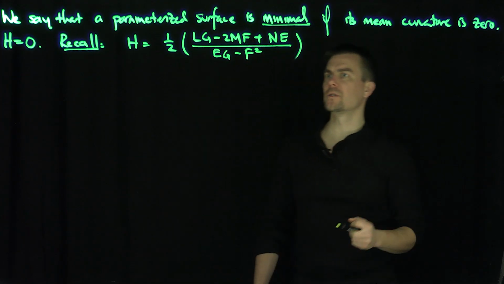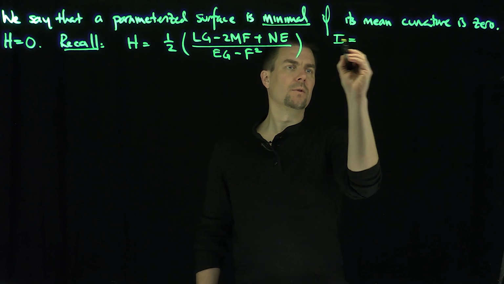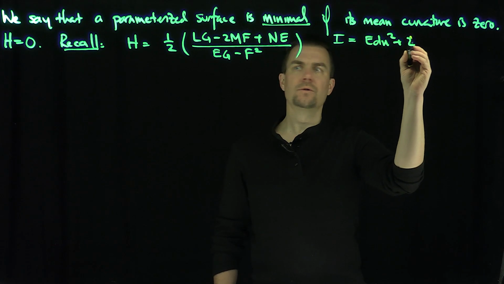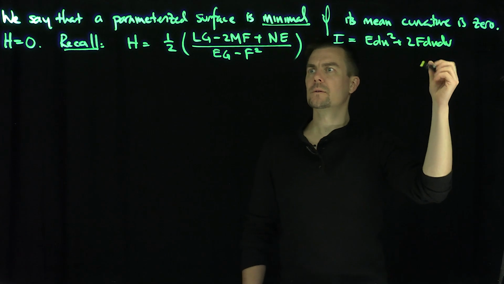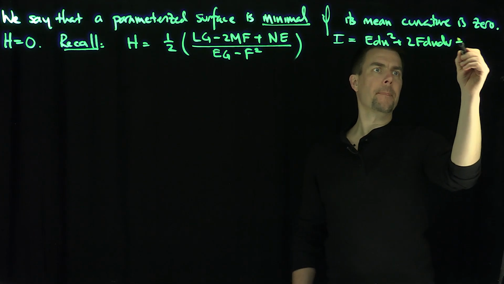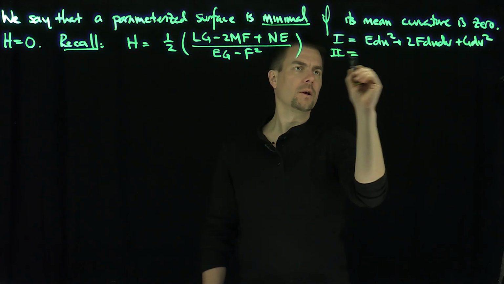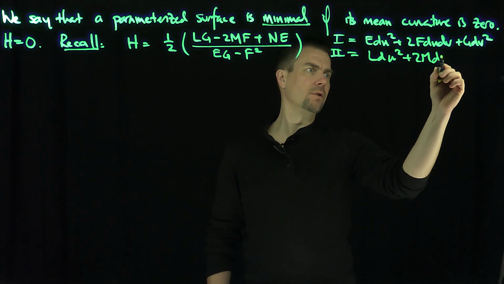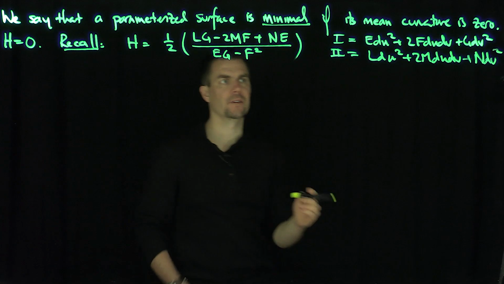That's an equation where our first fundamental form is E du squared plus 2F du dv plus G dv squared, and the second fundamental form is L du squared plus 2M du dv plus N dv squared, right? Our first and second fundamental forms.